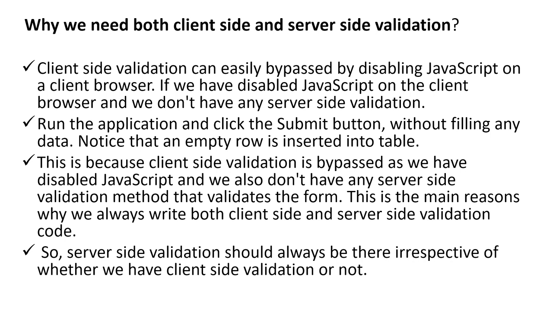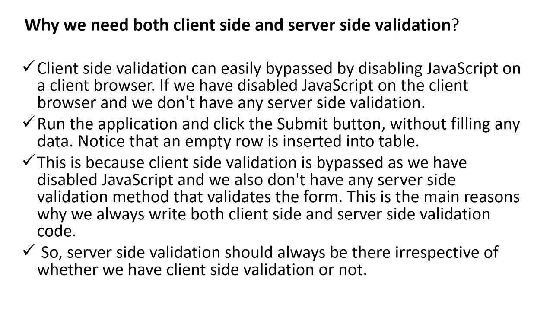Why do we need both client-side and server-side validation? Client-side validation can easily be bypassed by disabling JavaScript in the client browser. If we have disabled JavaScript in the client browser and we don't have any server-side validation, run the application and click the submit button without filling any data. Notice that an empty row is inserted into the table.